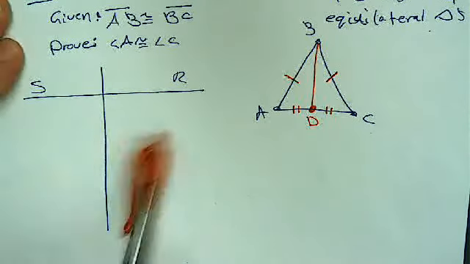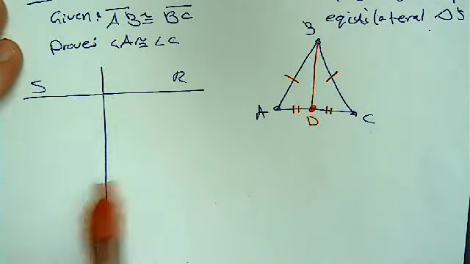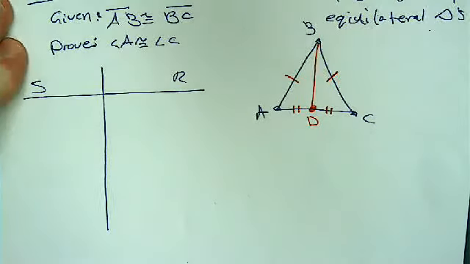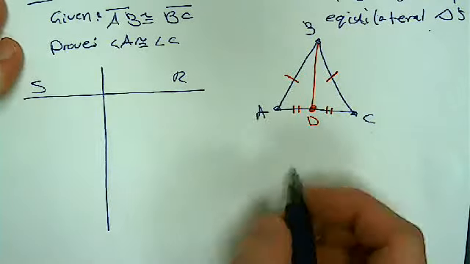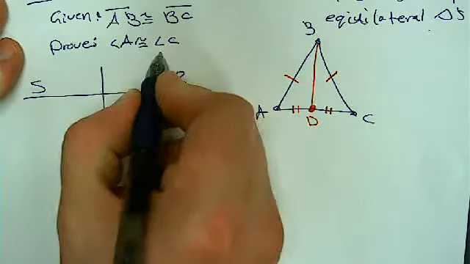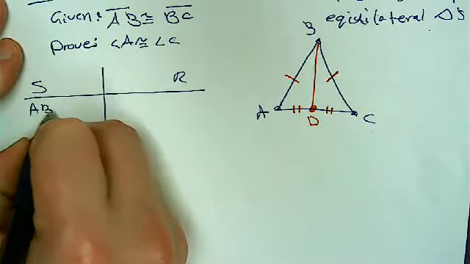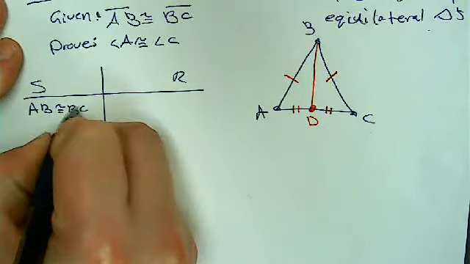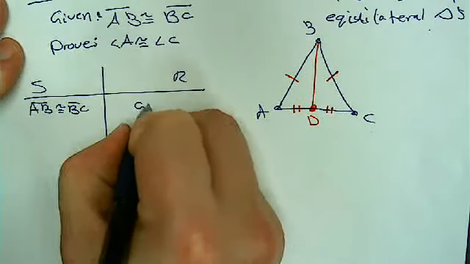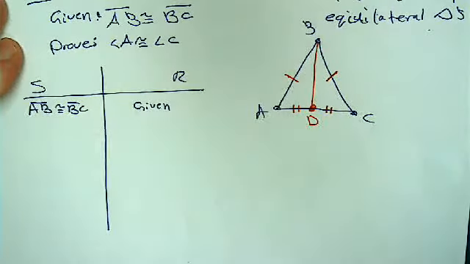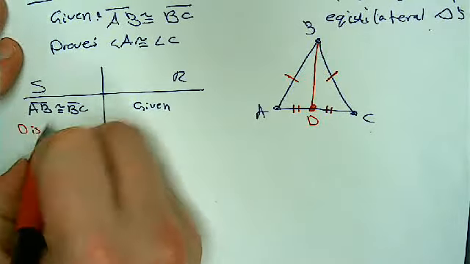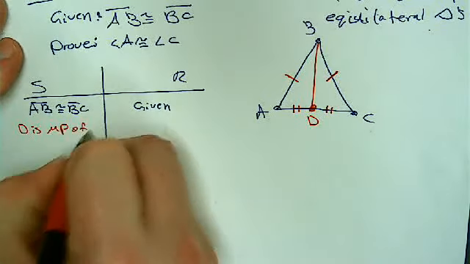So over here is my 2-column proof. Let me get my givens written down so we're sure what we've got, and then we'll see if we can get to this objective. So my initial given was that AB is congruent to BC. Given. I'm also going to give you that D is the midpoint of AC.